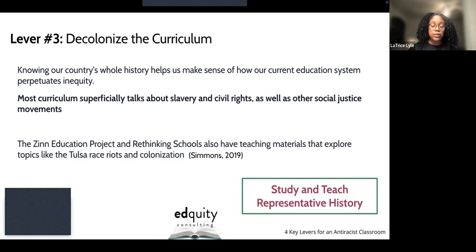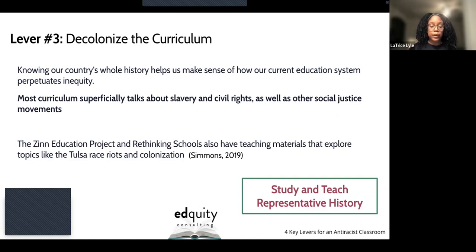Two of the resources that I've used, even in elementary school, are the Zinn Education Project and Rethinking Schools. And they have so many resources, including lesson plans connected to some of the popular picture books about the topics that we have traditionally not seen taught holistically in schools.